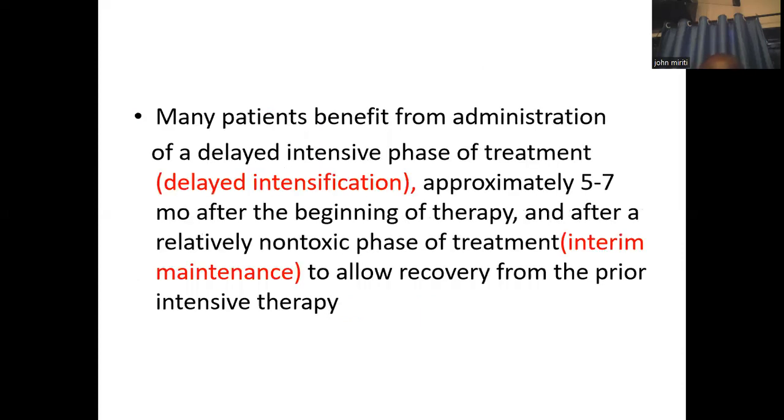Many patients benefit from administration of a really intensive phase of treatment, approximately 5 to 7 months after the beginning of therapy, and after a relatively non-toxic phase of treatment, interim maintenance, to allow recovery from the prior intensive therapy.